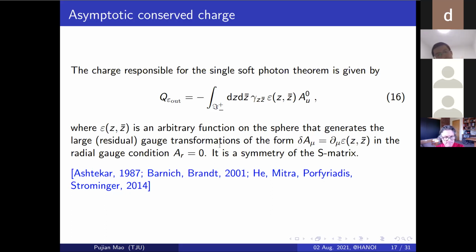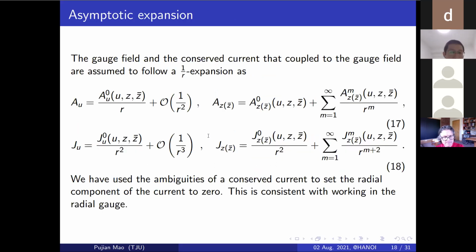Similar to the Noether theorem, if you want this charge to be conserved asymptotically, you need to solve your theory asymptotically. So I suppose all the gauge fields and the conserved current coupled to the Maxwell fields are given in a series expansion in this way.